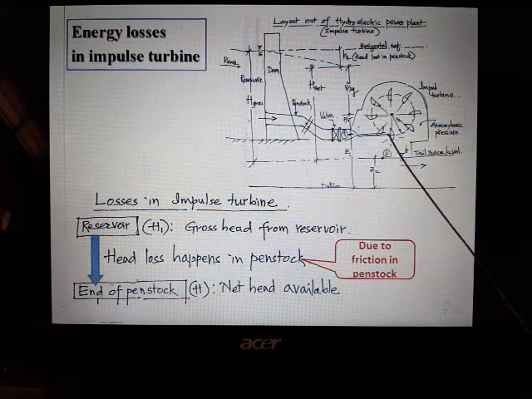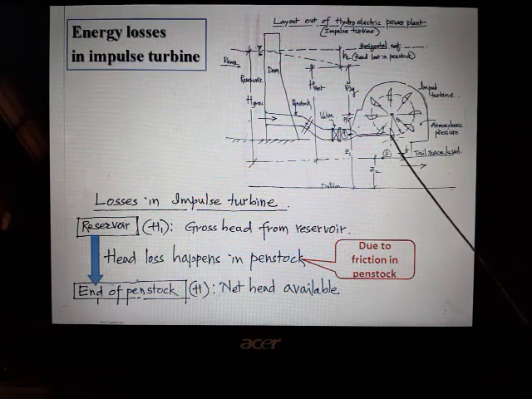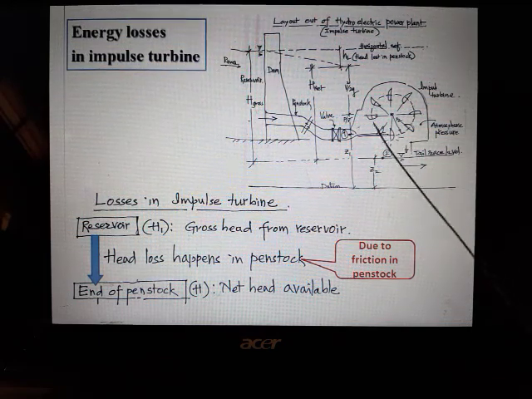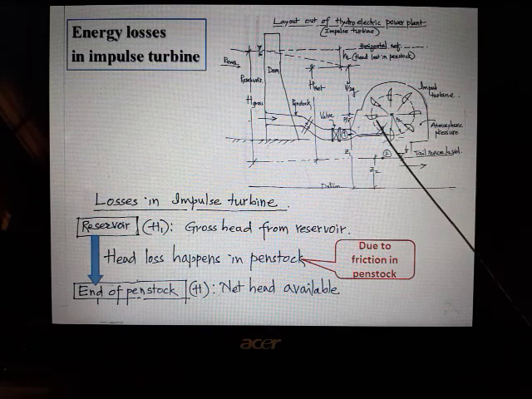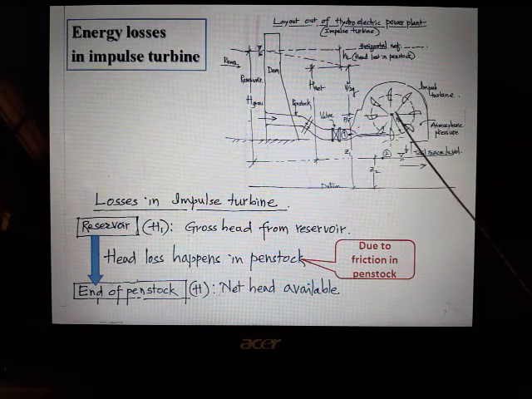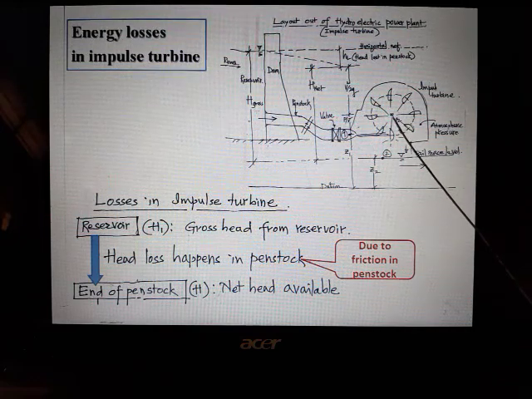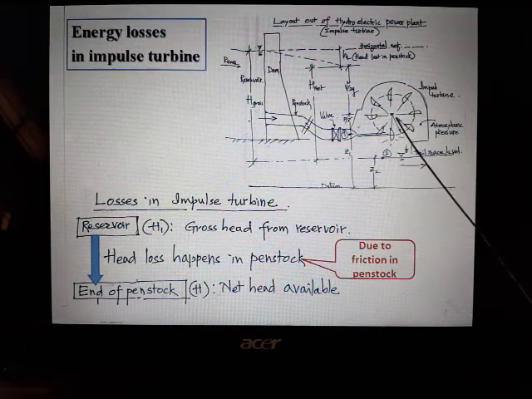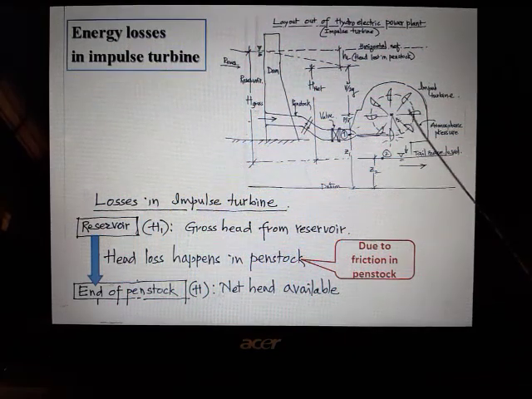Once it hits, the runner starts rotating. Here there may be losses because of friction. Then once it is rotating, because of the bearings etc., till it goes to the generator, there will be some losses.